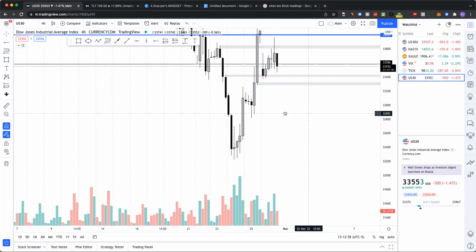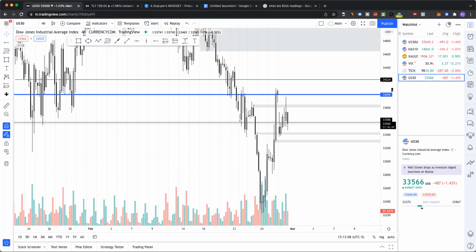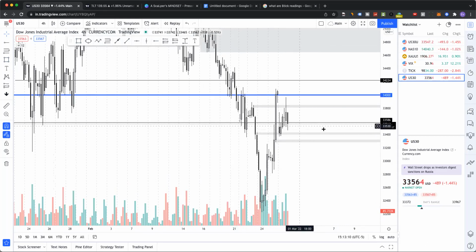So there's several ways to go about the DM levels. The first way is you look for your setup and then you find your DM level in confluence with that setup. Or you can mark them first, and then, you know, as price is trading in there, you can look for the reaction and take a trade.